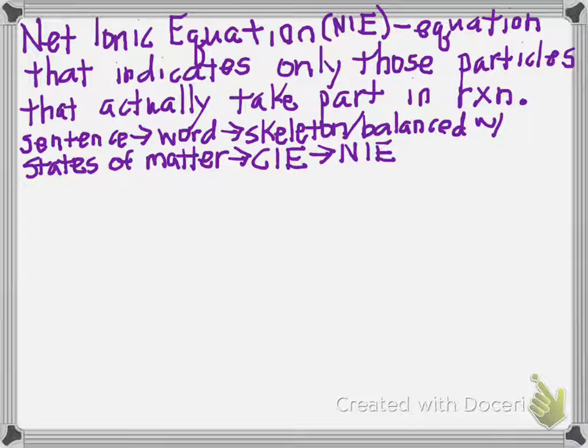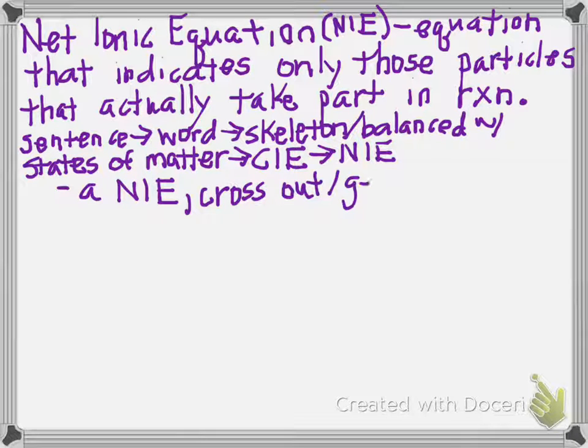So yesterday with our complete ionic equation, we identified the spectator ions. To do a net ionic equation, you cross out or get rid of your spectator ions.